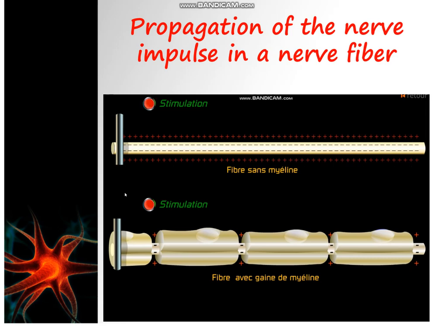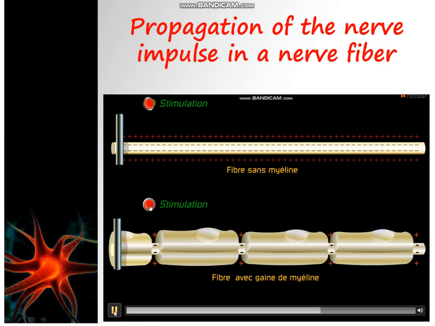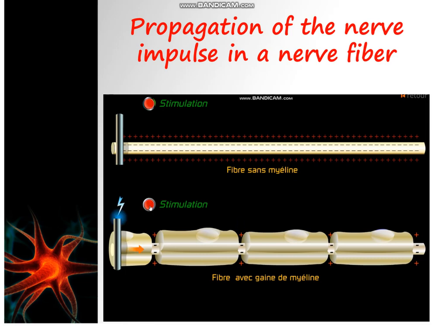But in the myelinated fiber, depolarization jumps from a node of Ranvier to another, and it doesn't pass by each point of the axon. What do we call this kind of conduction in the myelinated fiber?